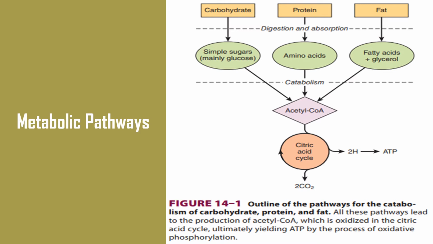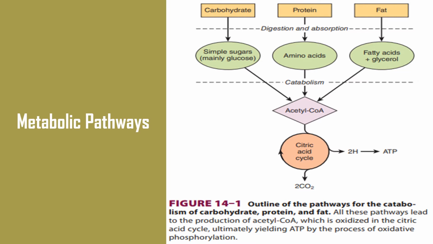A table shows the outline of the pathways for the catabolism of carbohydrates, protein, and fat. All these pathways lead to the production of acetyl coenzyme A, which is oxidized in the citric acid cycle, ultimately yielding ATP by the process of oxidative phosphorylation. Carbohydrate, after digestion and absorption, becomes simple sugar, mainly glucose.